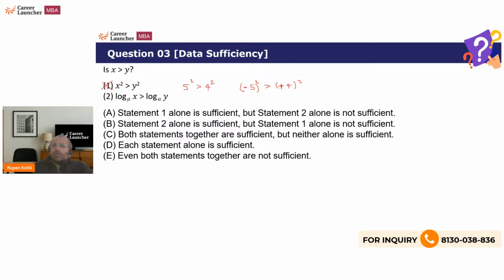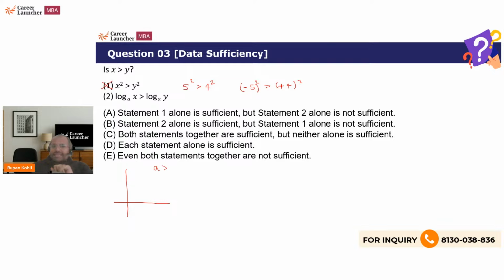Statement 2 is a logarithmic inequality. It's saying that log x is more than log y with a common base a on both of them. So x is not necessarily more than y, because the graph of log x depends on the value of the base.